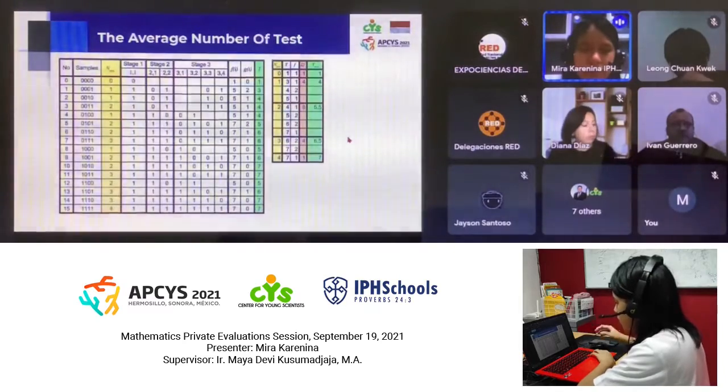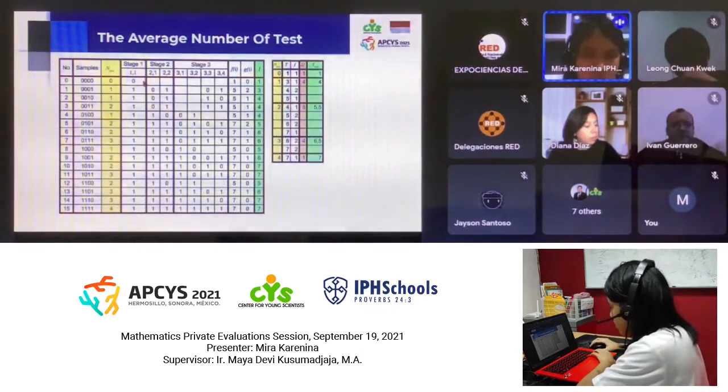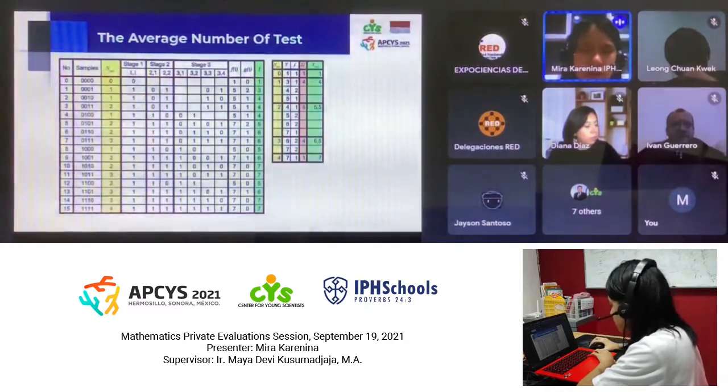Now, in this table here, I simulated all possible combinations of the initial samples of 4. You can see here that if the first stage result is 0, then we don't need to split it or test it any further. And we only need that one test. But for this combination, we test further when I is 1. And so for this combination, we need 5 tests.